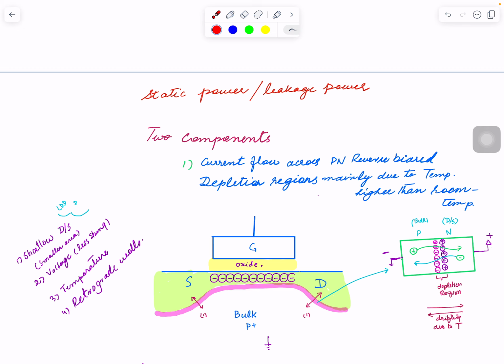You can also address the number of holes here, so that in this vicinity of the channel, or in the top layer, you have fewer holes. Fewer holes mean there is less possibility, even if there's a strong force, that holes will go there. So retrograde is kind of backward, and grade is kind of doping level.